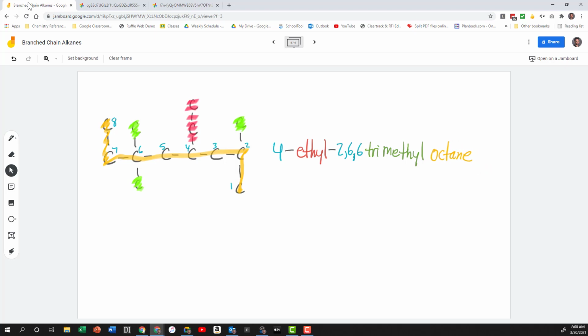Okay. Now, going from a name to a compound, you should be able to do that. That shouldn't be too difficult, I don't think, right?